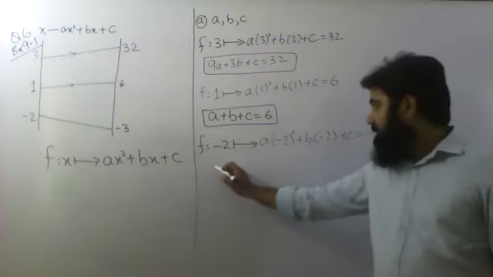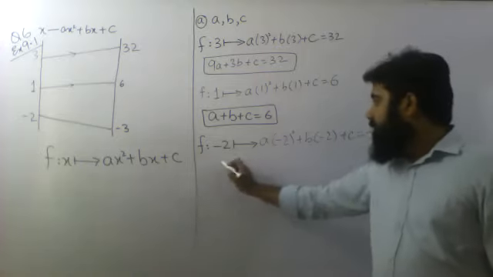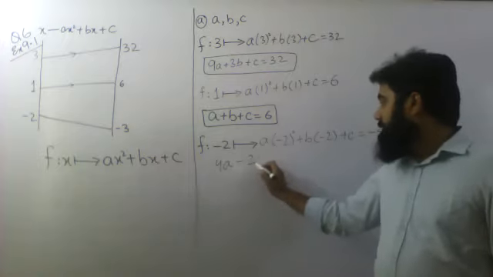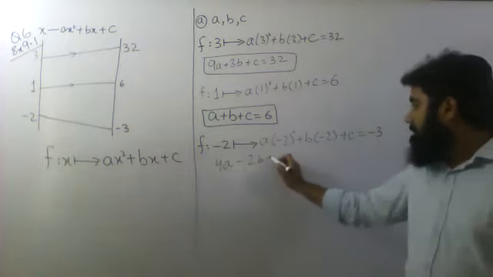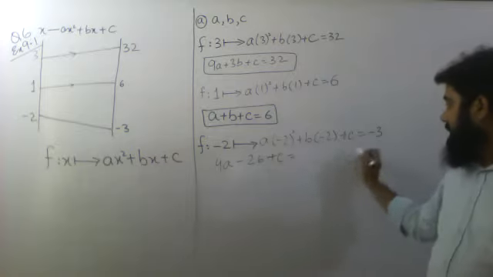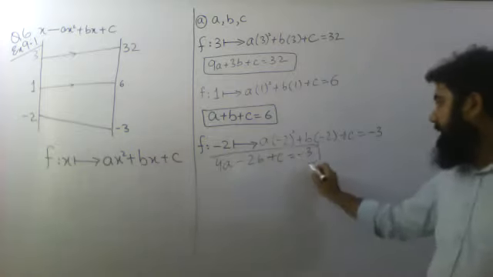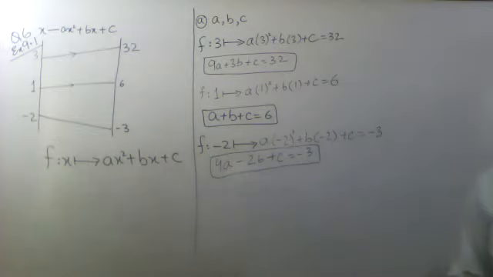Simplifying it, -2 whole squared will be 4, so 4a minus 2b plus c equals -3, and that is going to be my third equation, which I have got over here.